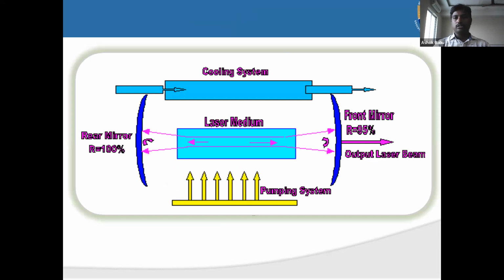This diagram clearly shows the active medium. Sorry, this is the laser medium. Then there is a cooling system to protect the operators, where the total lasing action is conducted, in the cooling chamber.